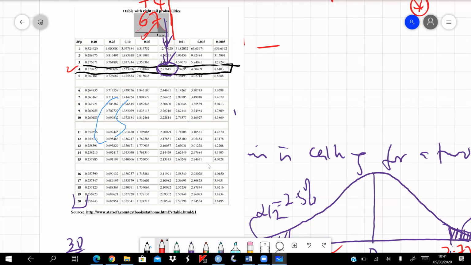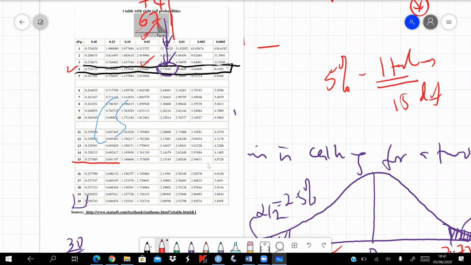So 2.13 will be your critical statistic. If you're working with a 5% upper tail and 15 degrees of freedom, you come to 15 degrees of freedom, 5%, you check this value, and so on. So that's basically the procedure.